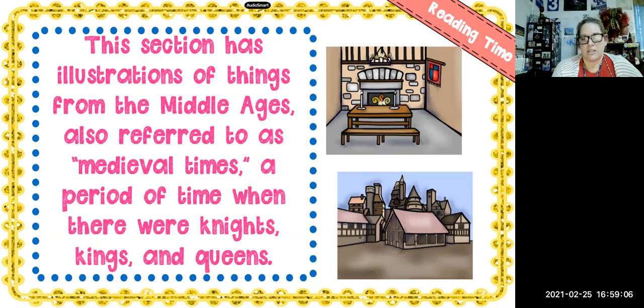And this section had illustrations of things from the Middle Ages, often referred to as the medieval times. So our story today is going to have illustrations of things that were around during the Middle Ages in the medieval times, when there were periods of time when there were lots of kings and queens and knights. We still have kings and queens today, and there's technically still knights, but they're not quite the same.